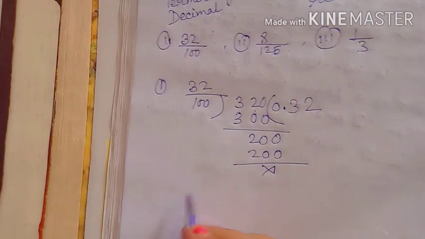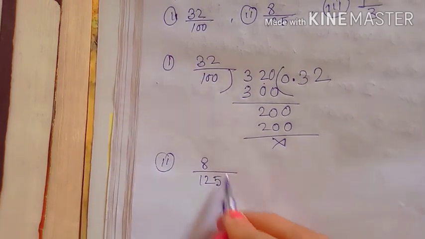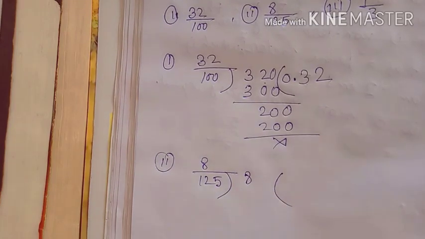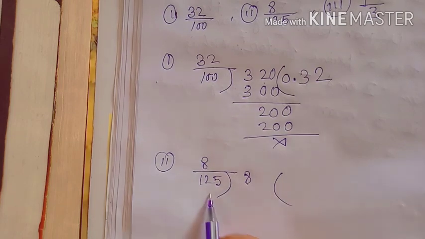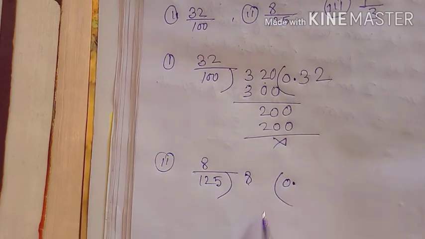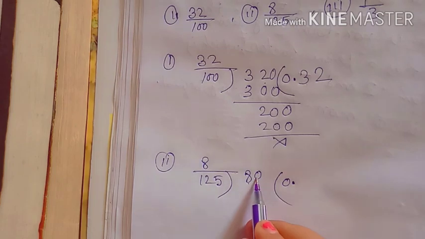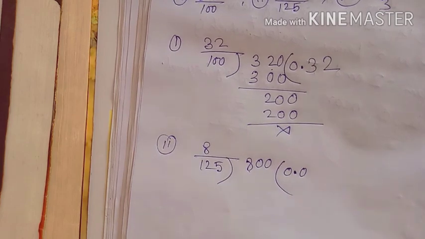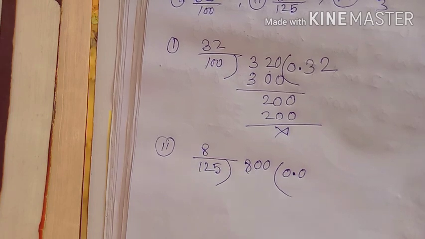Let's see the next example, 8 by 125. Let's divide 8 by 125. Again the dividend is smaller than the divisor, so we place a decimal here and a 0 here. But again the dividend is smaller than the divisor, so we place a 0 here and a 0 here. 125 4s are 500, 5s are 625, 6s are 750, 7s are 875.